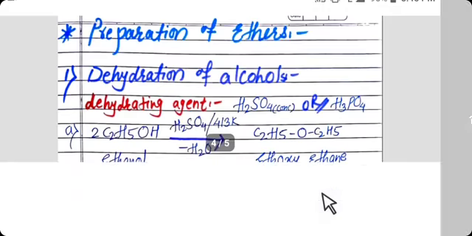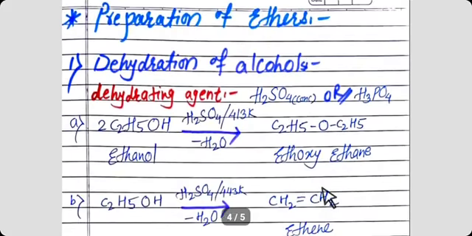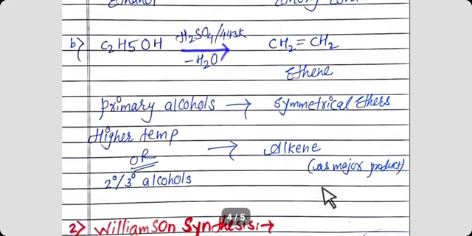So always remember student, primary alcohol can form symmetrical ether by this method, or at high temperature secondary or tertiary alcohols form alkene as a major product.